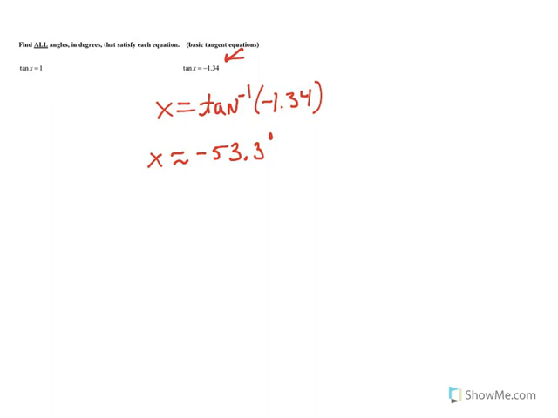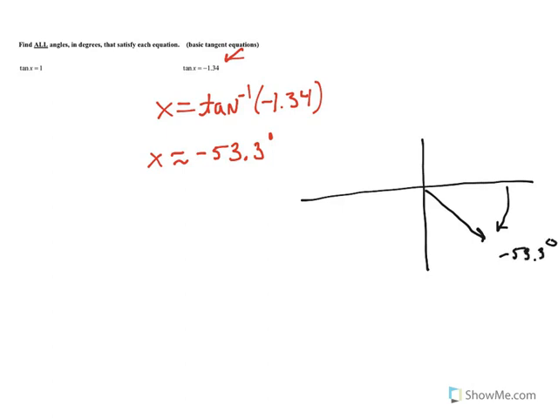Typically in an answer key you would see that as a positive rotation. So if you're going to go back negative 53.3 degrees, what would that be as a positive rotation going this way? So we know this is our 360 mark. So you're basically falling short of 360 by 53.3 degrees.